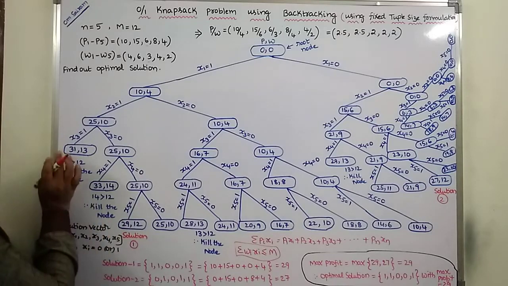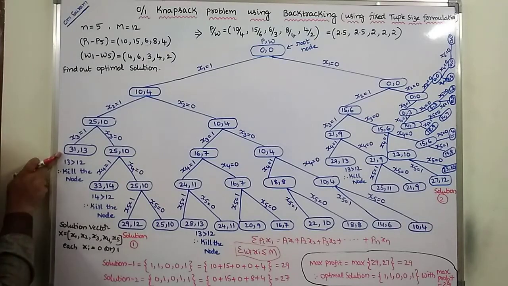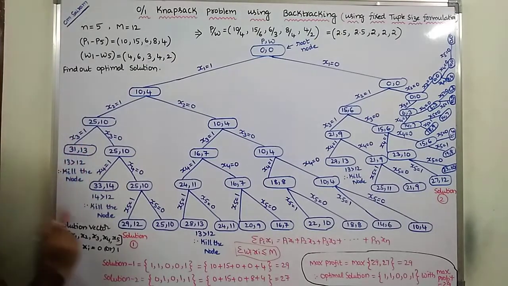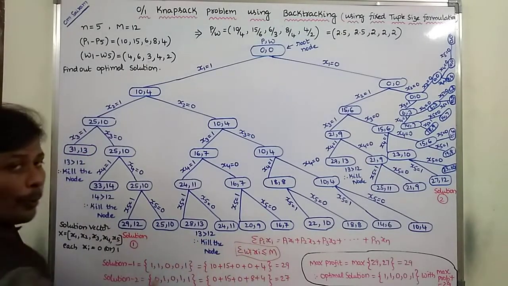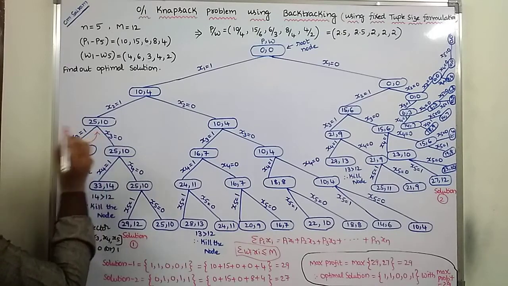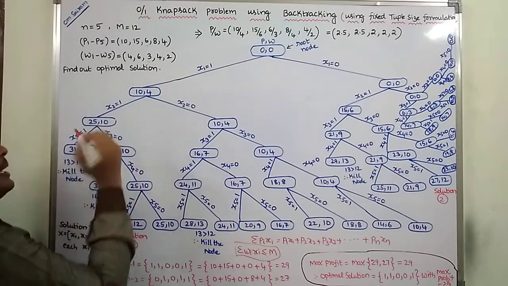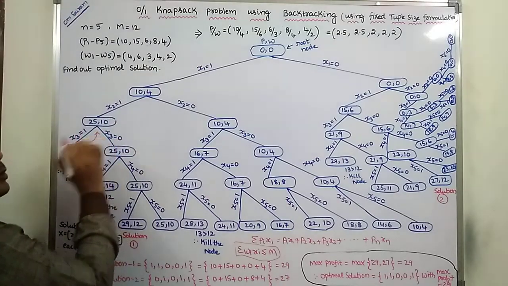Okay, so up to now, the tree is extended. From this point, we do not go forward because this node is killed by violating this property. So now again we have to backtrack. Now here x3 is equal to 1.